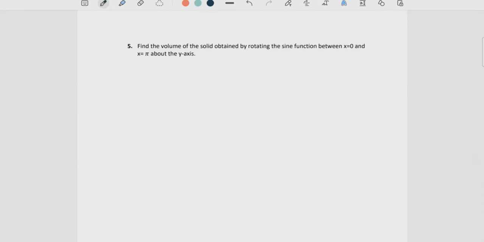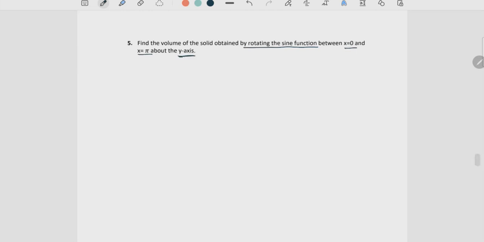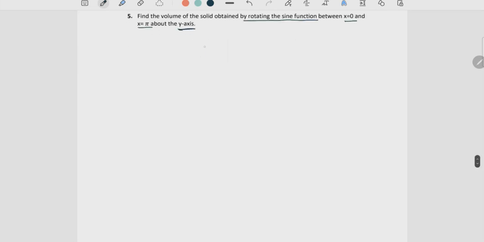The next problem is asking us to find the volume of the solid obtained by rotating the sine function between x equals 0 and x equals pi about the y-axis. So let's set it up graphically.